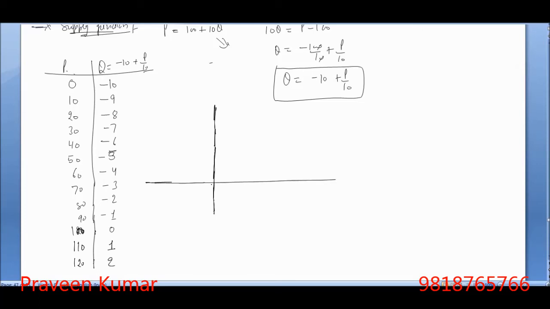Now this is price, this is quantity. This starts from minus 10 here, which is the horizontal intercept. Then the vertical intercept comes, cutting from here, at 100 rupees, where the quantity is 0. And after that the supply rises. Now at price 110 we have 1 unit supplied. Is that okay? Hello, understood?